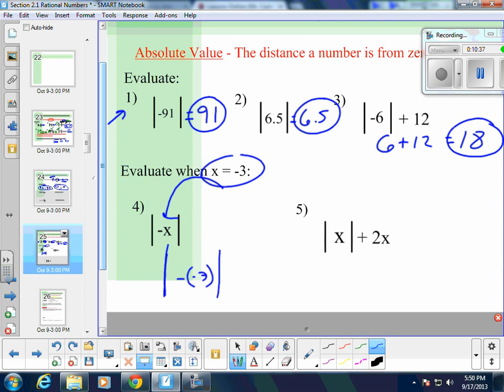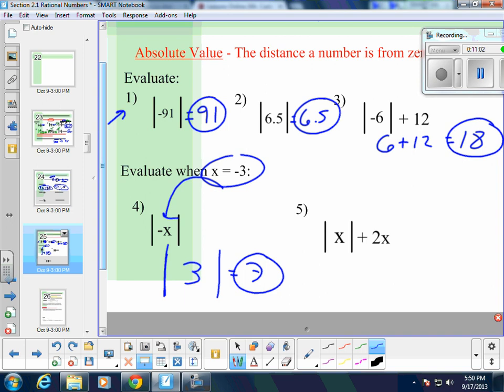Something students have heard before: if you have two negatives there, a double negative, it makes that number positive. So really this is just talking about the absolute value of +3. Now both those negatives cancel each other out. So the absolute value of +3 is just 3.